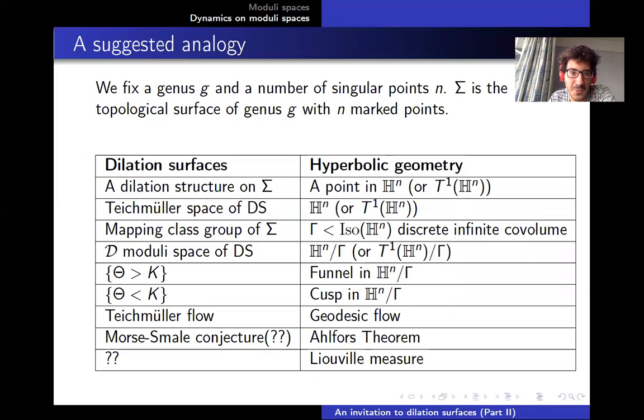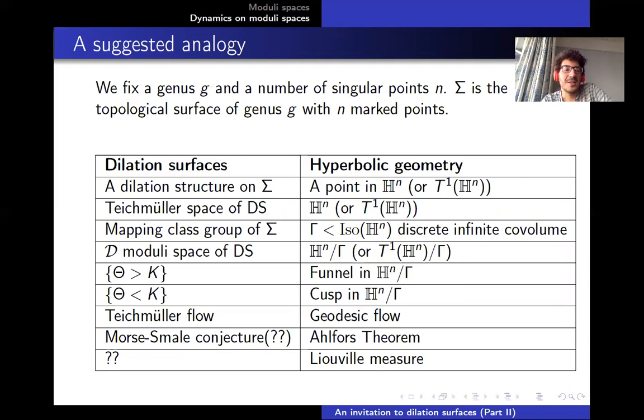So basically, I wanted to end this discussion with a table that gives some more support to this analogy and what would be required to make everything work. A dilation structure is a point in the hyperbolic plane.